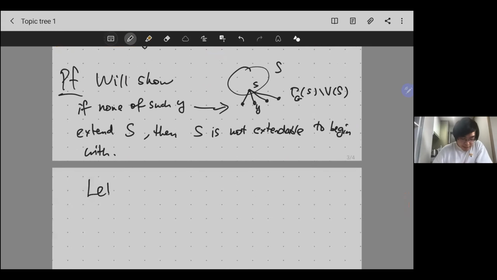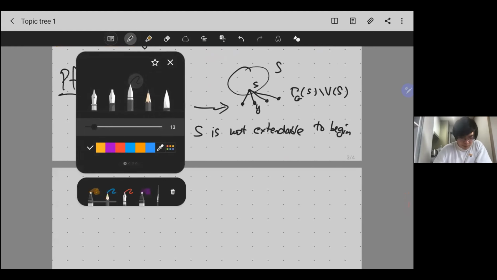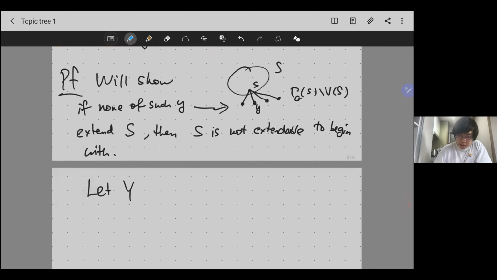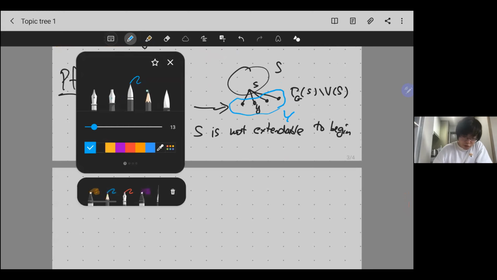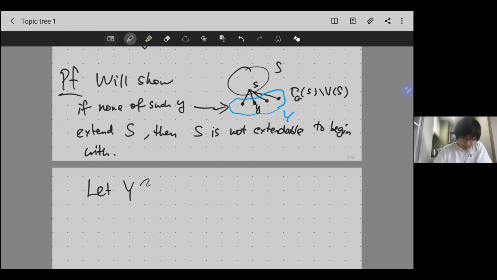For the formal proof, let Y be this set, the neighborhood of s. When s is a singleton, gamma of s or N of s is the same, the external neighborhood, because s cannot be adjacent to itself.